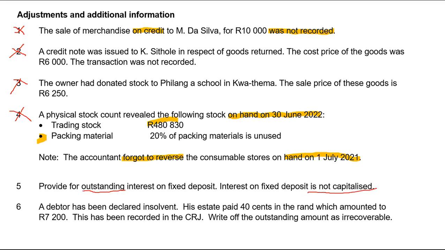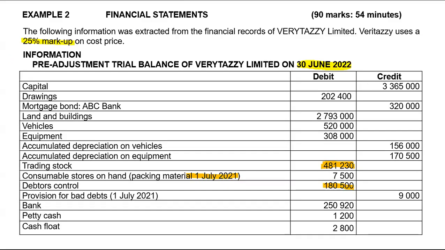Firstly, how do I calculate interest on fixed deposit? I'm going to go back to the trial balance. So I know that my fixed deposit is an investment. When you put your money in a fixed deposit account, it's an investment. I don't see any fixed deposit here.